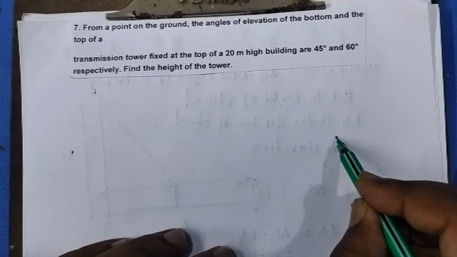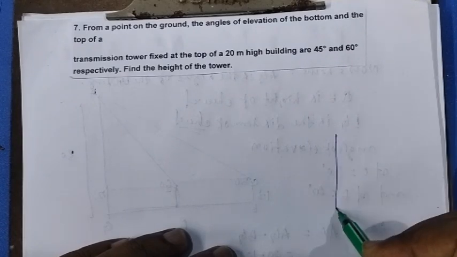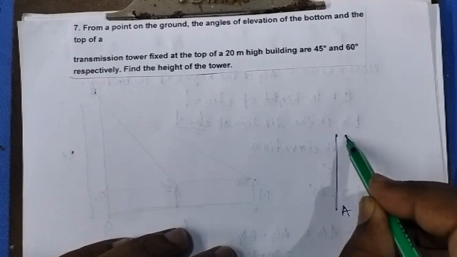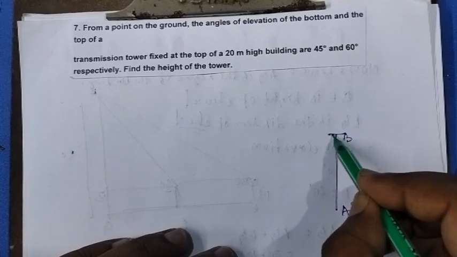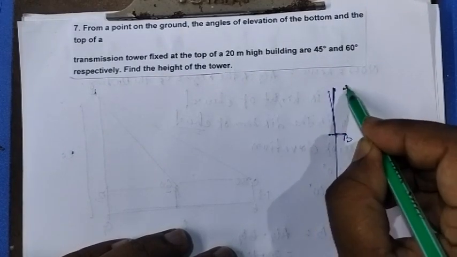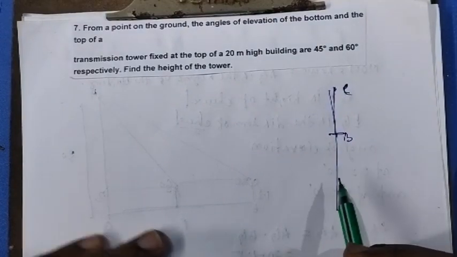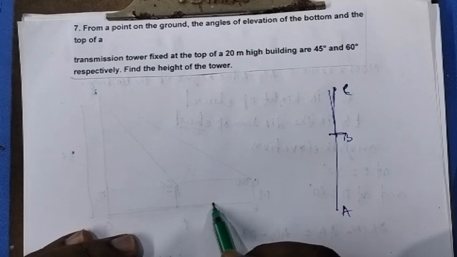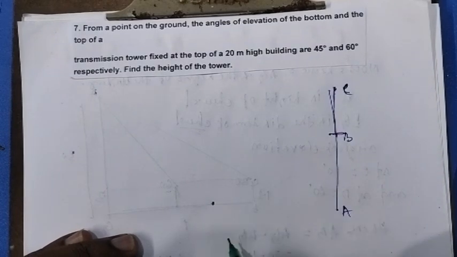So first we take the building, the height of the building is equal to AB, and the tower above the building is equal to BC. And D is the point of angle of elevation.